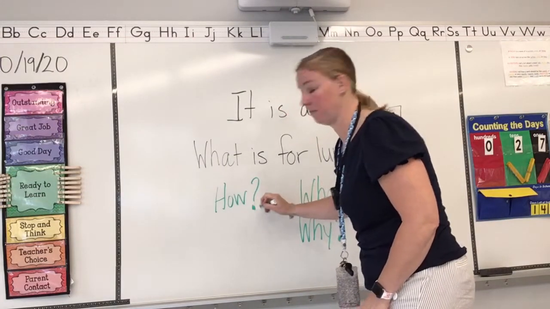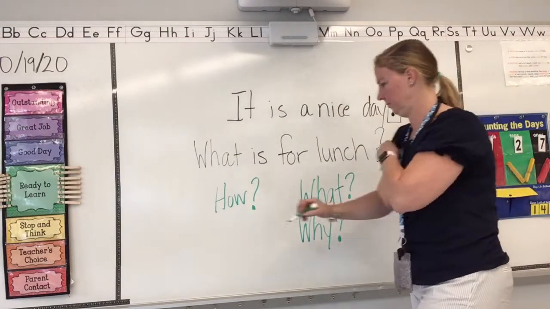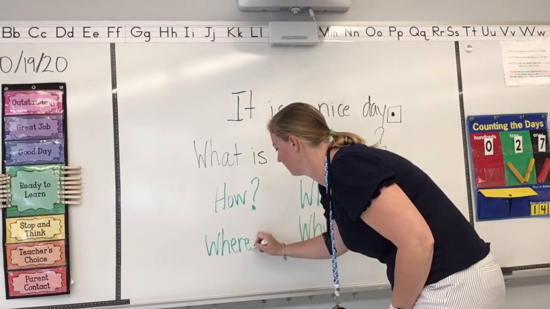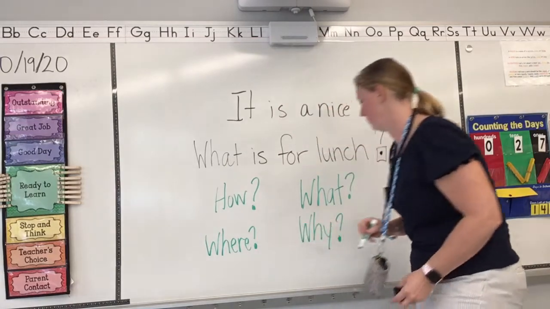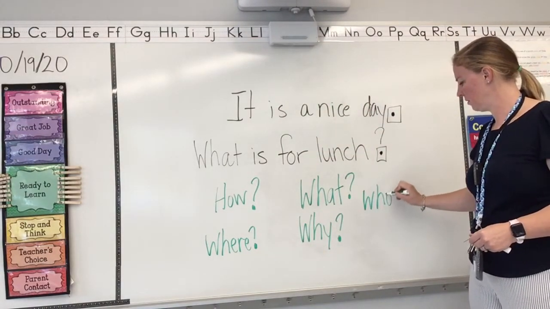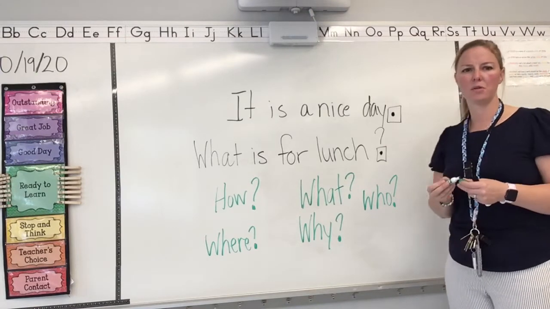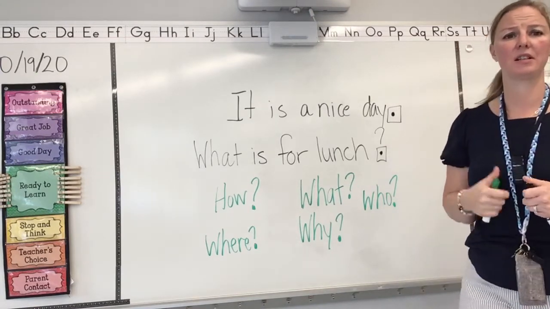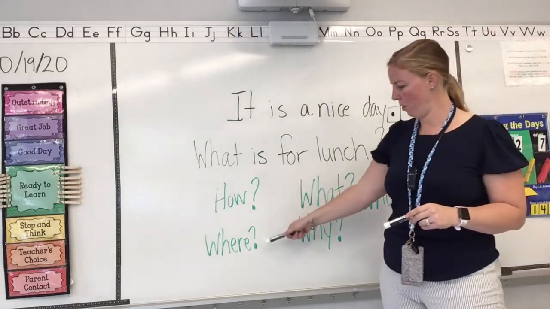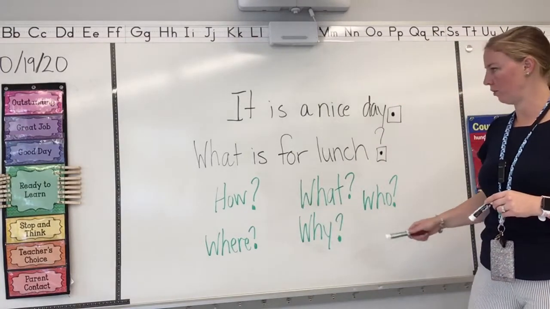How? Where? And there's one more. Who? Those are all words, if they start a sentence, they're going to help you to know that that is an asking sentence. So we have how, where, what, why, and who.